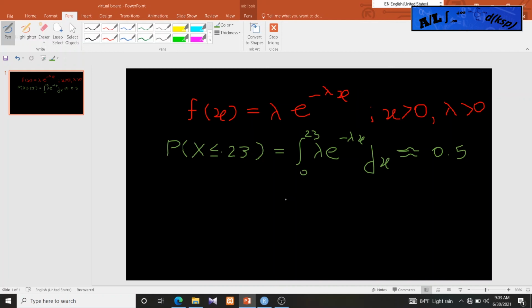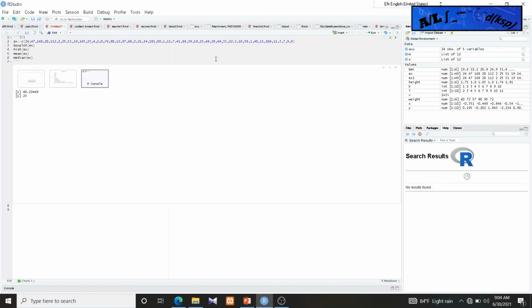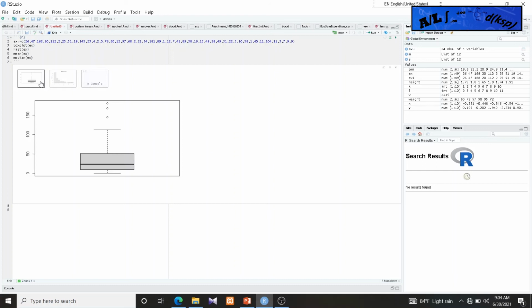Using this, I'm pretty sure you may be able to find lambda, and you can run this probability density function for others also. This is an approximation, not the exact value. We should also be able to do these outlier treatments, and only then can we make it a stable data set.